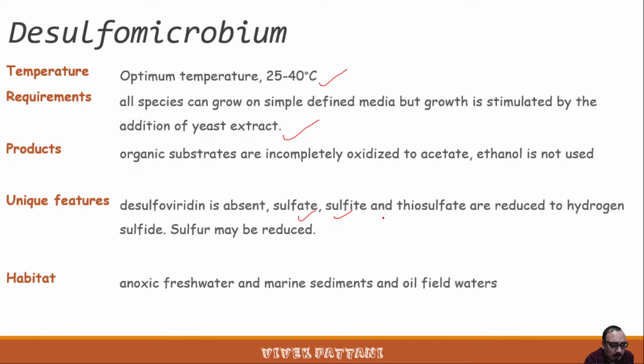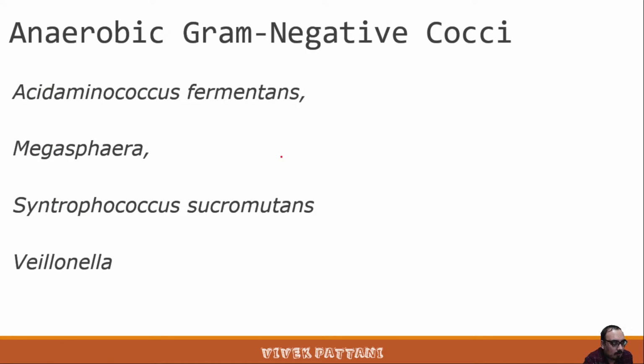Sulfate, sulfite and thiosulfate are reduced to hydrogen sulfide, and sulfur may also be reduced. Similar to other anaerobic bacteria, they are found in anoxic freshwater and marine sediments, and also in oil filled waters.